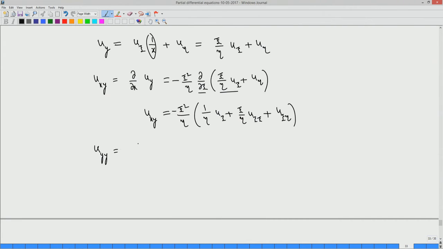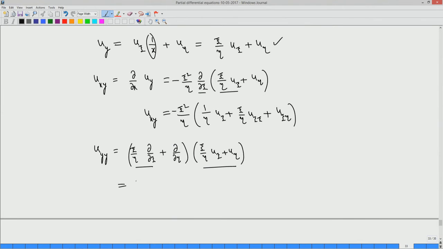You also need uyy. From this you can get dou y, which is xi by eta u xi dou xi plus dou eta. Together this is my uyy. You act this on uy, which is xi by eta u xi plus u eta. This is a function and this is an operator.